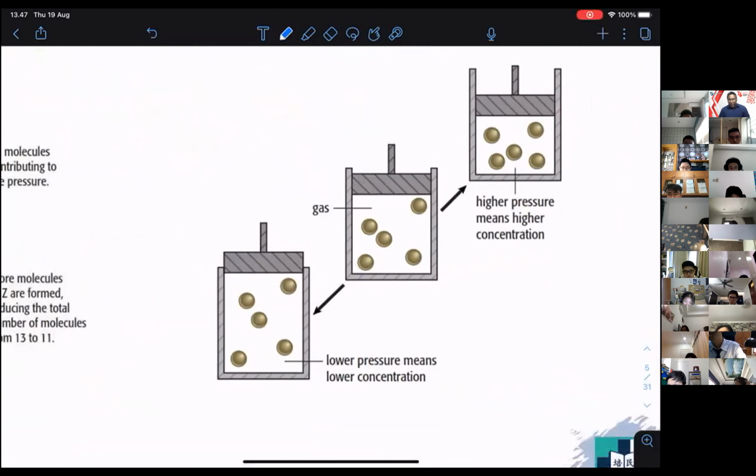For example, if you have 5 particles over here, if you have more pressure, it means there's going to be more concentration. You press them, they are going to be occupying a smaller volume. If it is lower pressure, they have bigger volume, lower concentration. So that is how they are related to concentration.